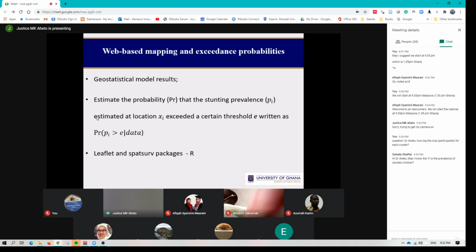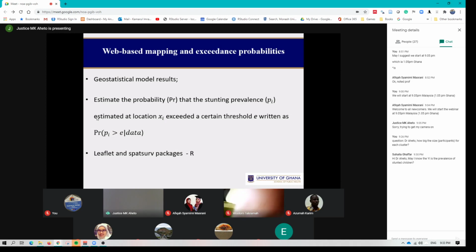And especially in Ghana, where we don't have enough public health resources to support universal intervention, we need to develop a technique whereby we can zoom down to specific villages where the risk might be high for specific intervention strategies. And that is why we bring in the concept of web-based mapping.